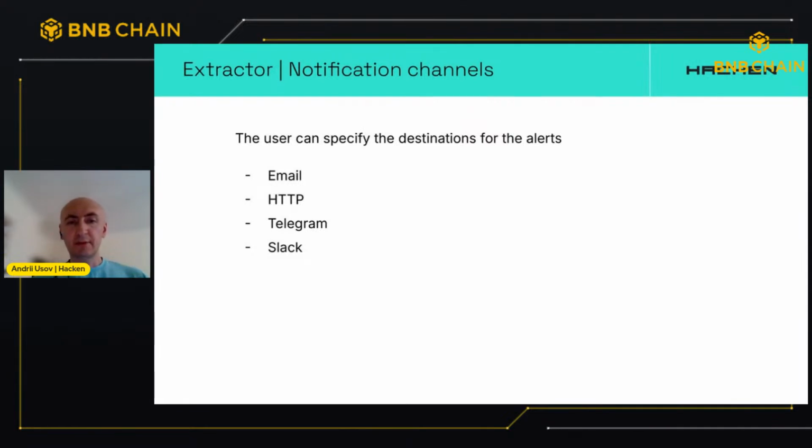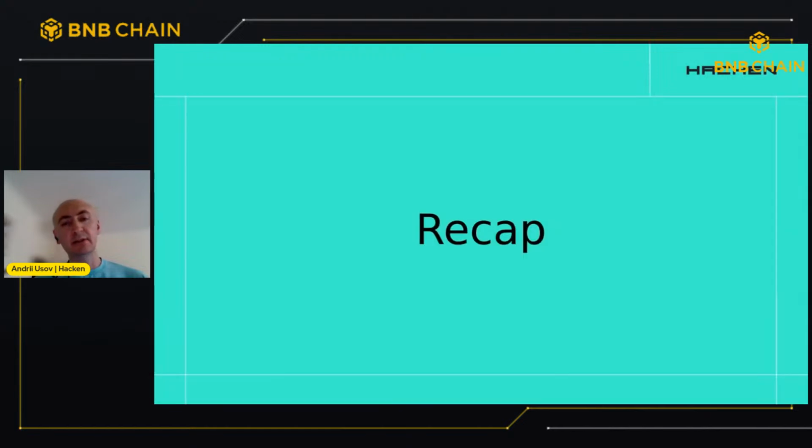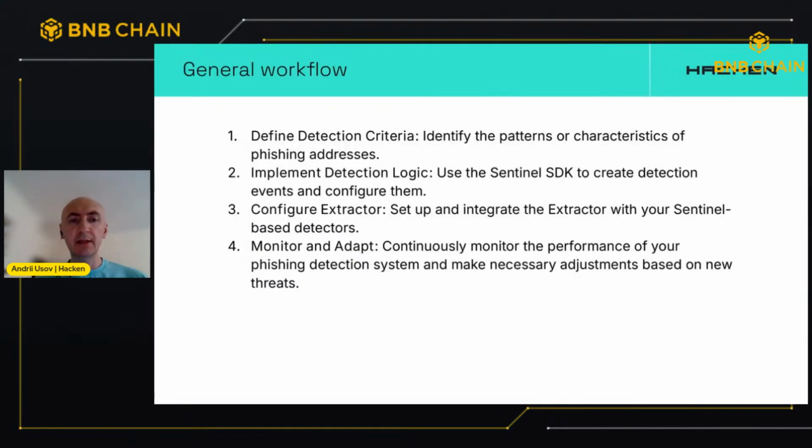Extractor also supports different alerts, so it doesn't mean that you always need to check the extractor UI. Extractor can notify you about an incident through email, HTTP, Telegram, or Slack message, and recap.